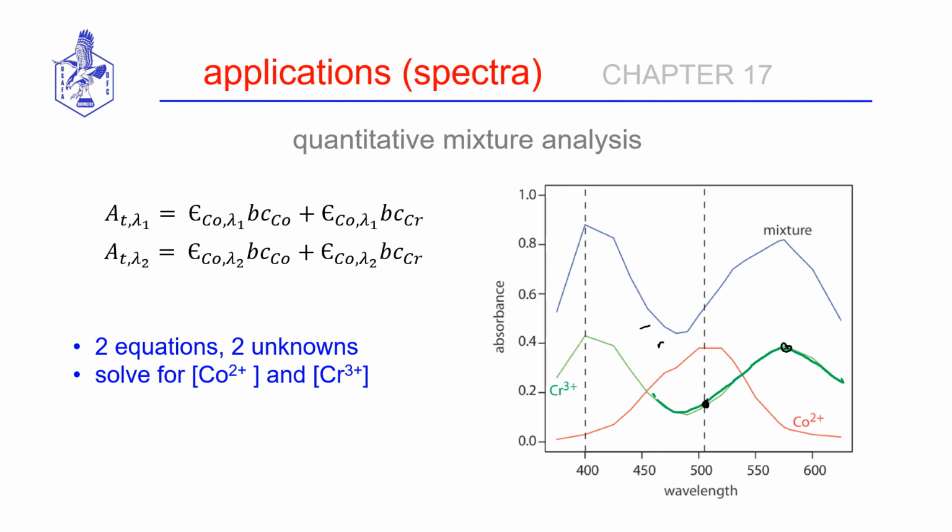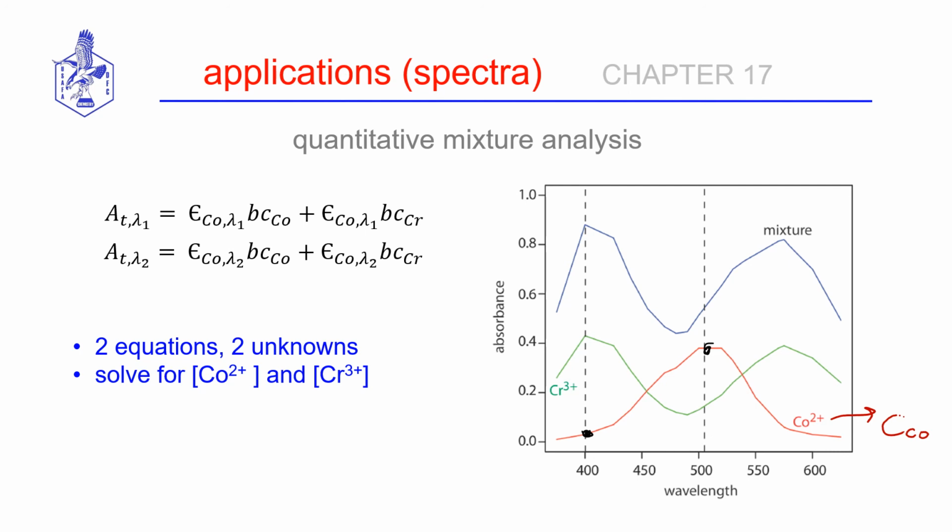Then you can get a pure solution of cobalt. Okay, we know the concentration of this cobalt solution. I measure the absorbance at different wavelengths, such as here and here. Sorry, it'd be up here.